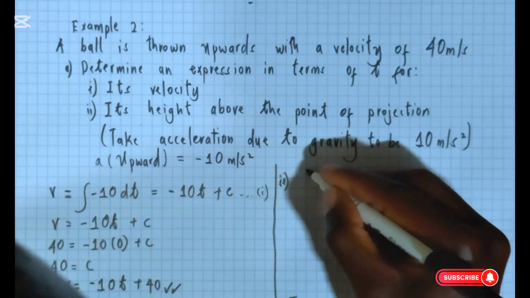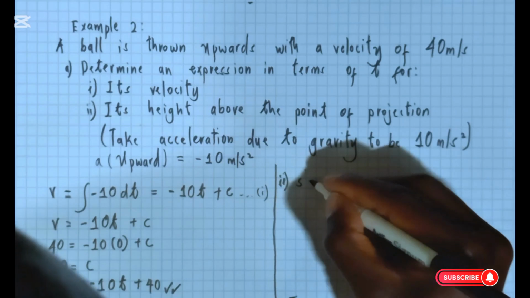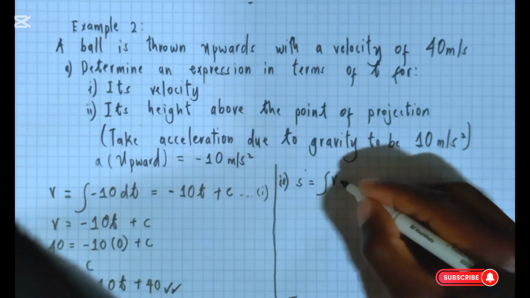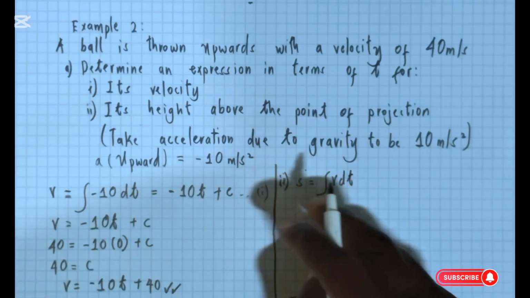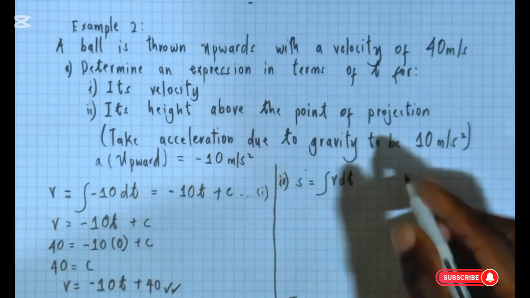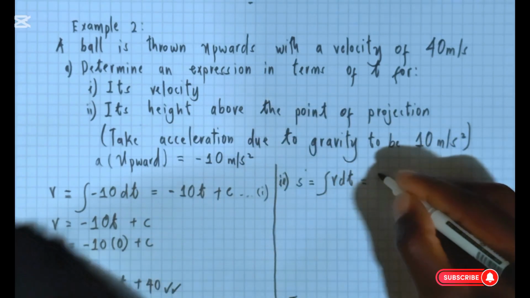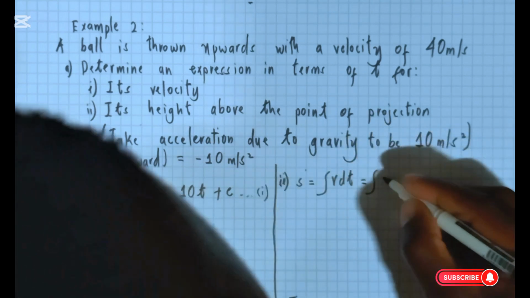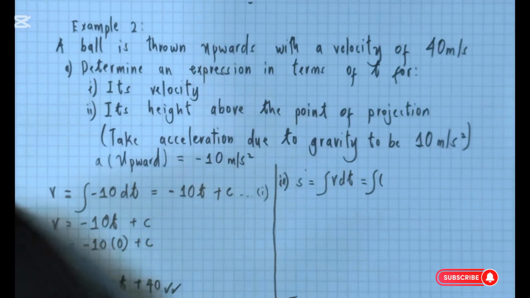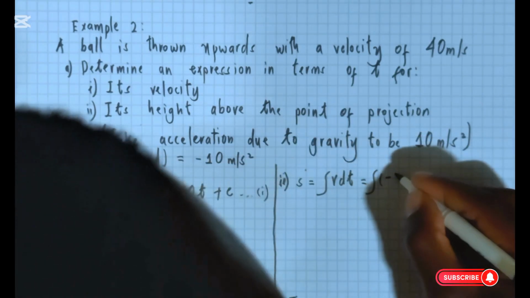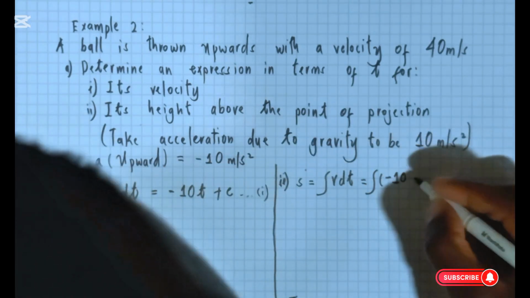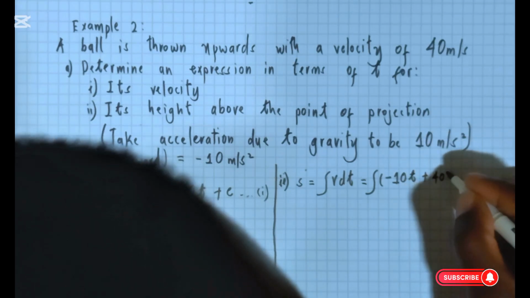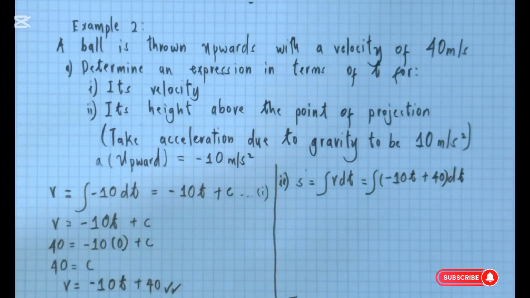So we have v, so we can therefore integrate v to find s, to find displacement. So s will be given by the integration of v dt. The integration of a velocity will give us the value for s, which in this particular case will be the integration of negative 10t plus 40 with respect to t.